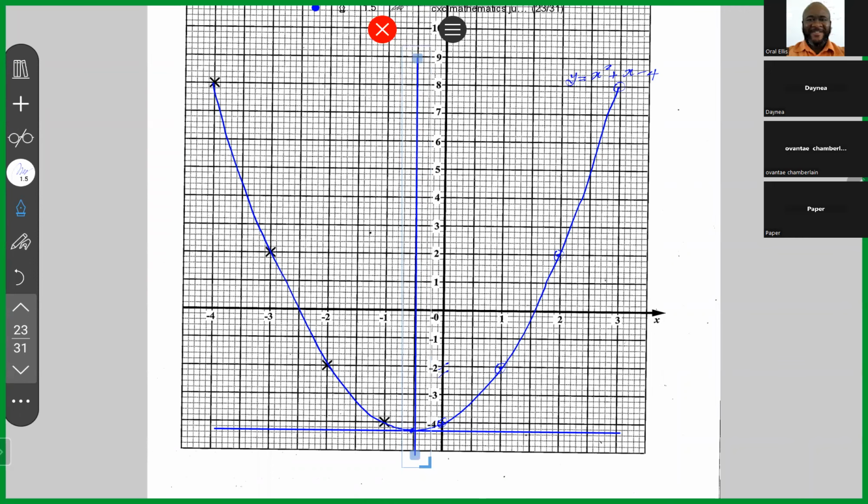This is the axis of symmetry. The axis of symmetry is the vertical line that passes through the turning point. And this is the line x is equal to minus 0.5.